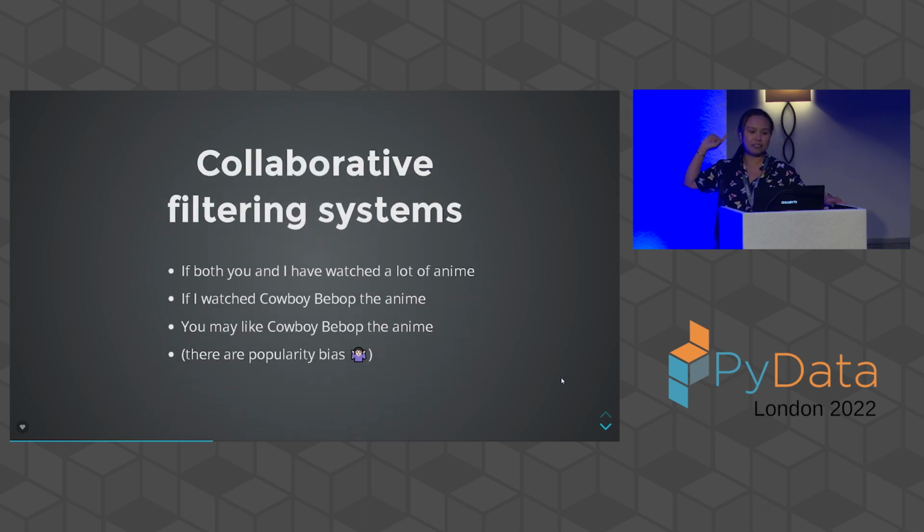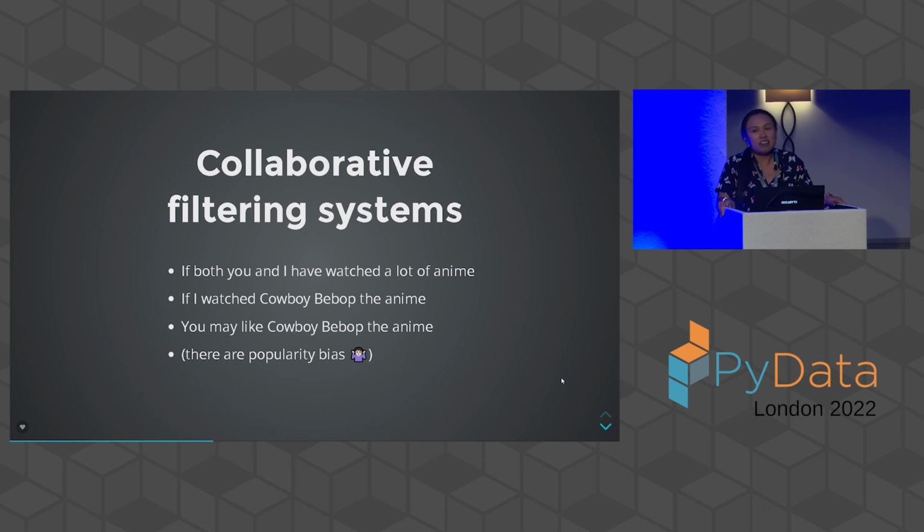So the collaborative filtering system is a little bit more sophisticated. It's based on what people have an opinion about something. For example, both of us watch a lot of anime.